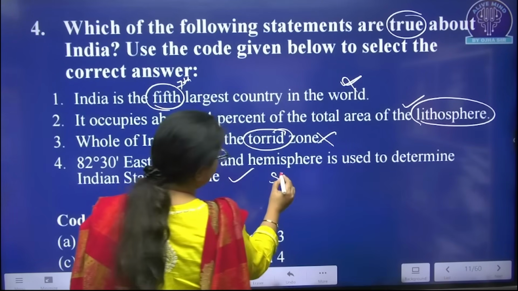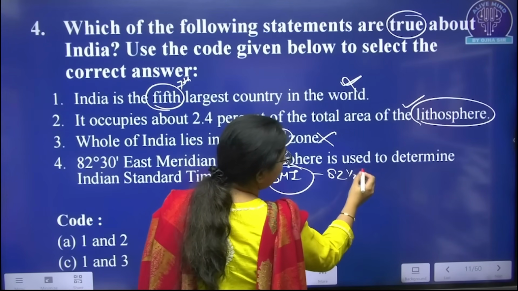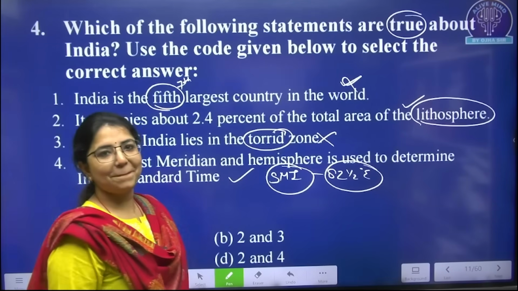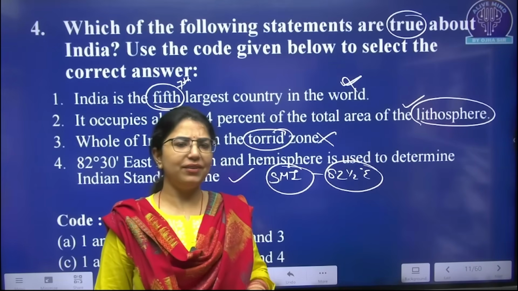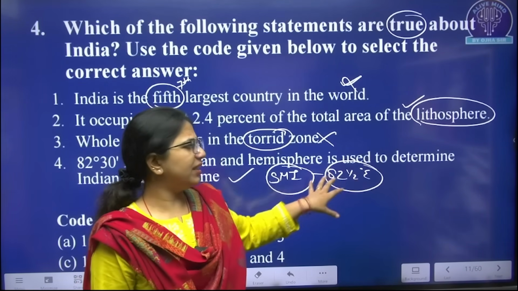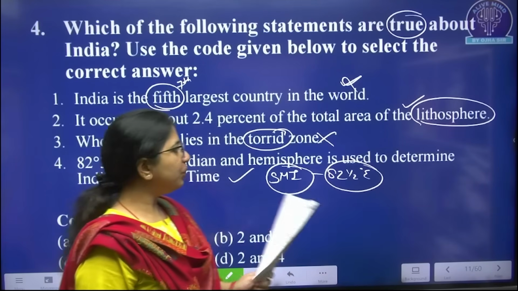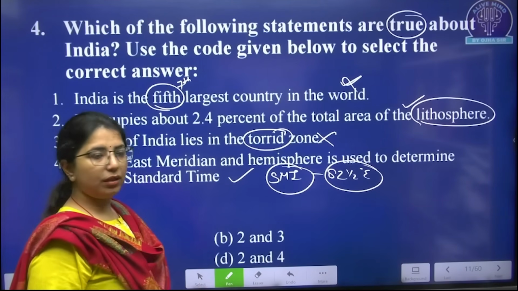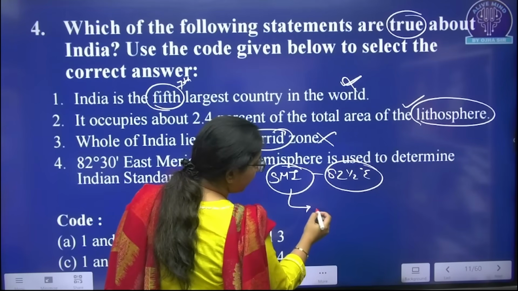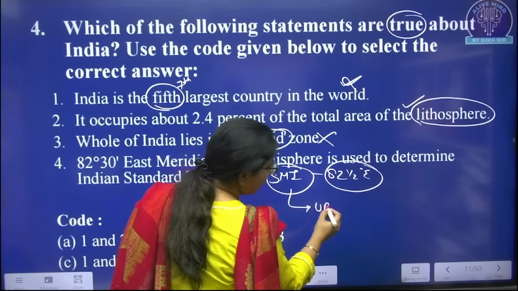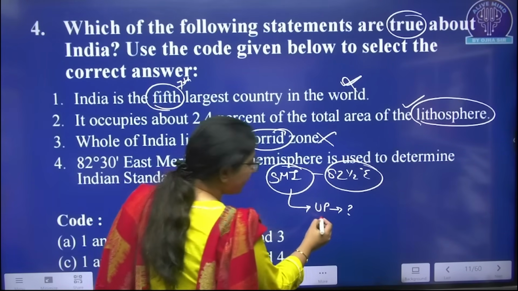Standard meridian of India is 82.5 degree east. If you were in class 10th, 11th or 12th, I would have said, okay, this fact is enough for you, you don't need to go deeper into it. But now that you are preparing for the paper, and that too for the state and UPSC level, you need to know the places where it crosses in UP, and how many states it crosses.